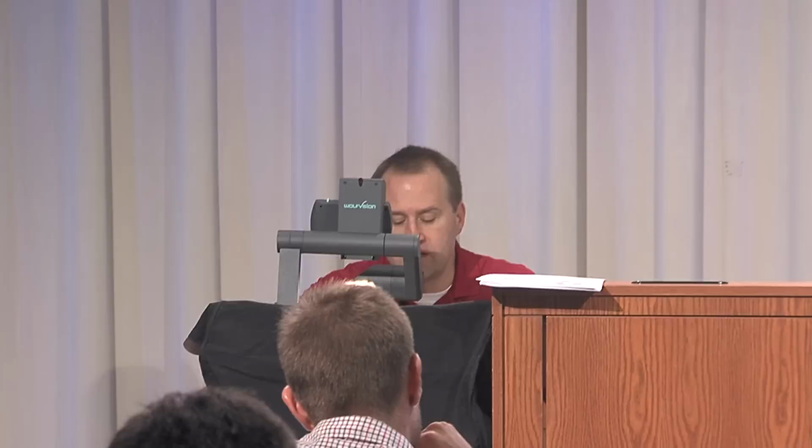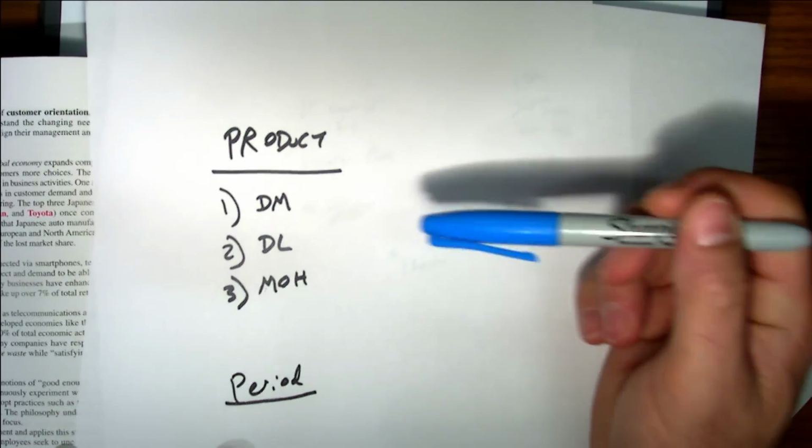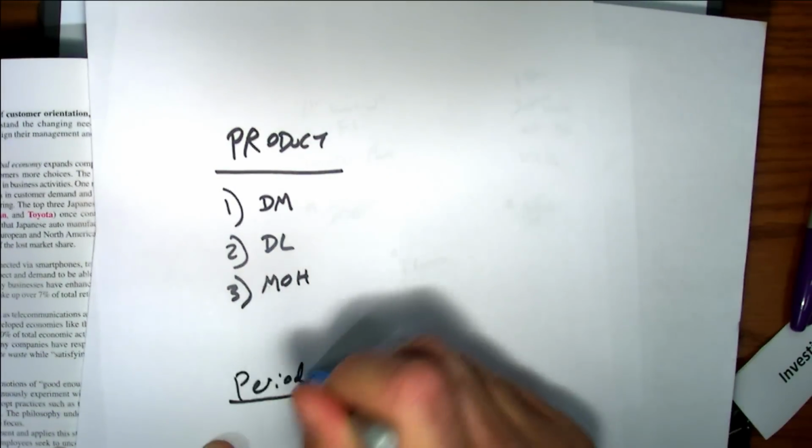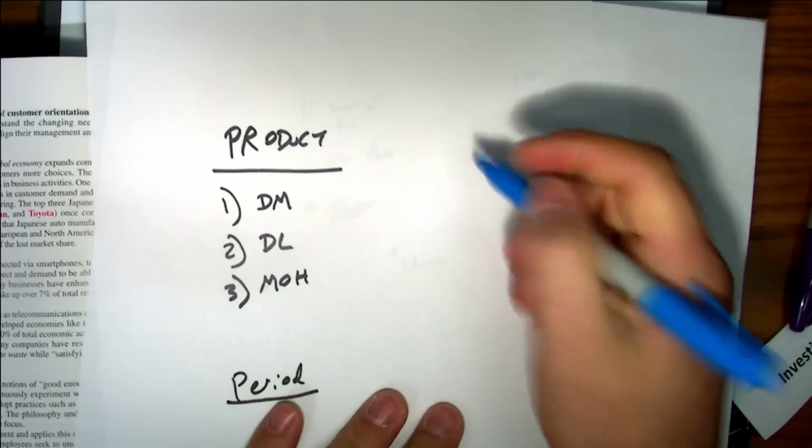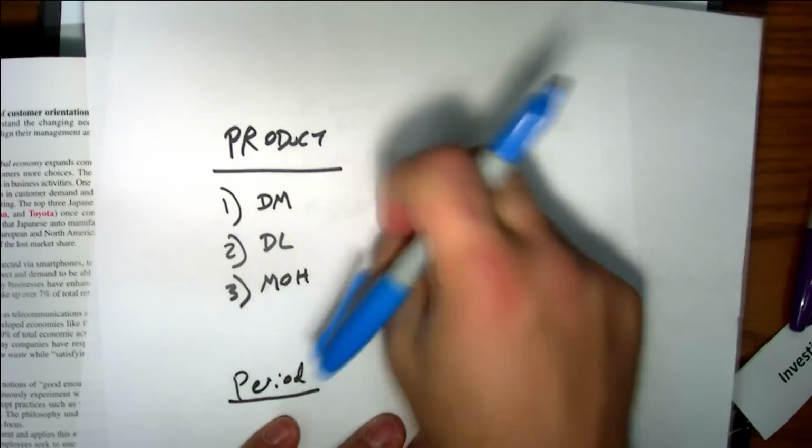One of the most important things you're going to do is classify costs as product or period. If you see one of these 4 words here, you know it is a product cost.